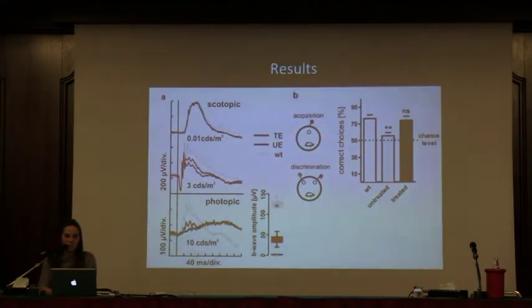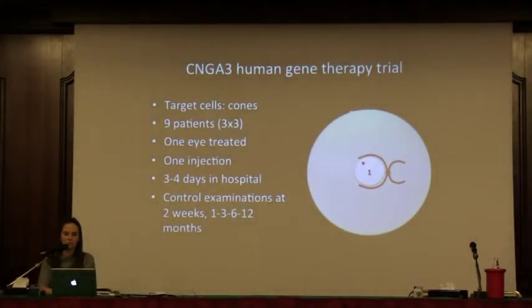There are also a lot of things we have to do preliminarily before getting into the human therapy trial, and at the very moment, parallel to our work, a lot of colleagues are working on it, so that we prove that this concept is working and that we have significant hope that the therapy will work and will restore the cone function.